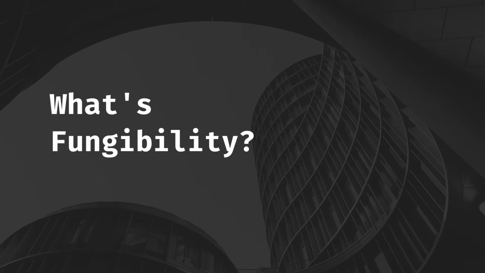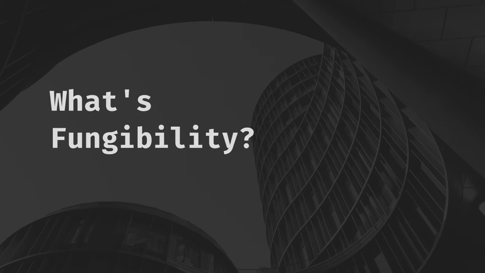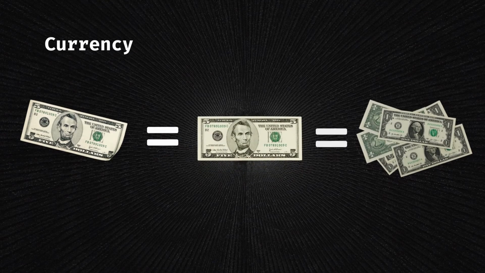So, what is fungibility? Fungible basically means interchangeable, and fungible tokens are tokens that are tradable for each other and their value would overall remain constant. Let me give you an example.